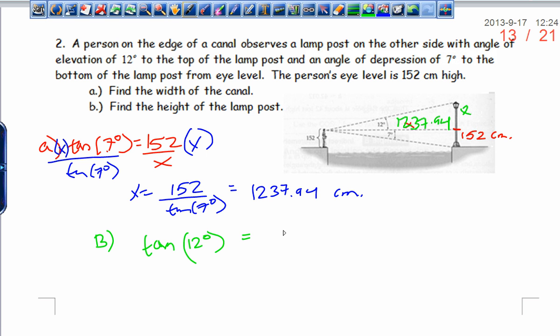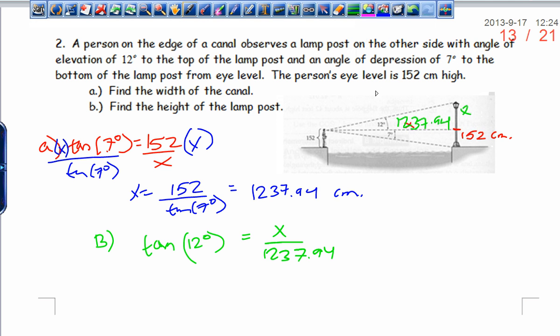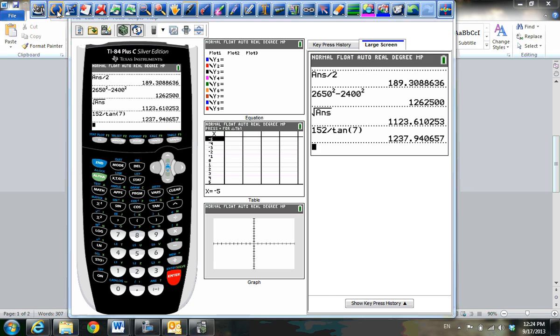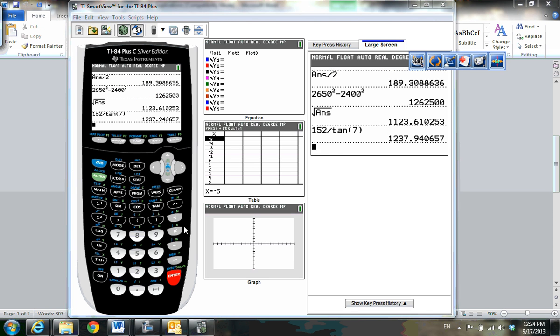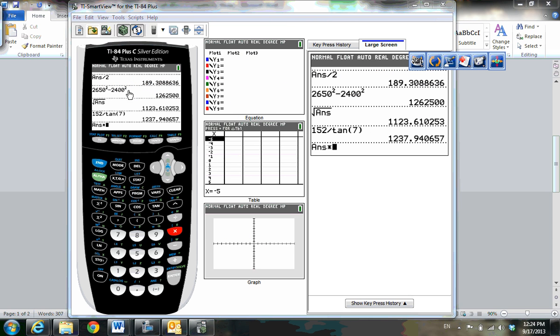X over the number I just got, right? So I'm going to take that number I just got. If you don't want to round it, that's fine until the very end. I'm going to multiply that number times the tangent of 12.